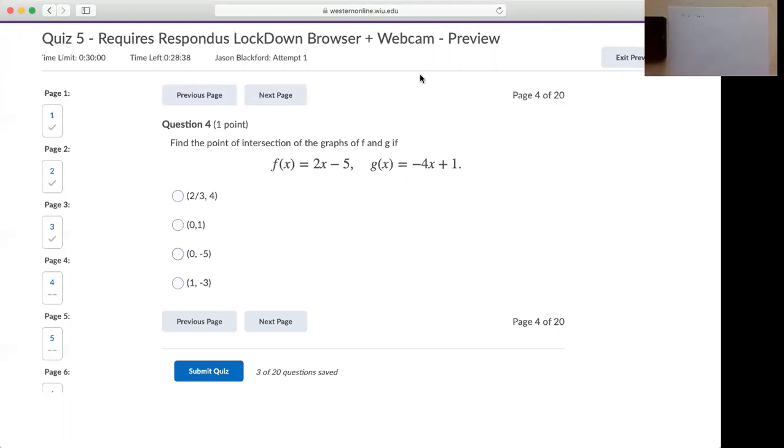We set them equal to each other, and we can add 4x to both sides, and we get 6x. We add 5 to both sides, we get 6. So 6x equals 6, so x is going to be equal to 1. Sure enough, we could plug 1 into either one, and we'll get -3. So that's the answer to that.